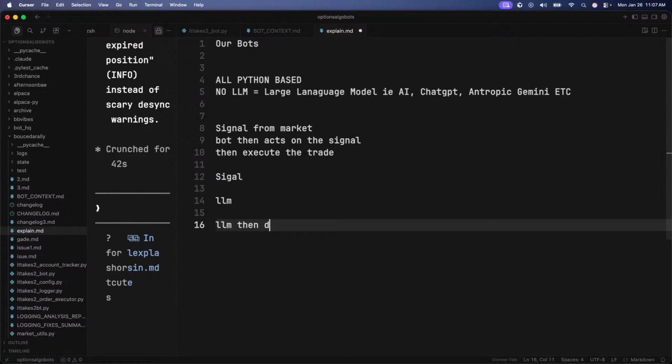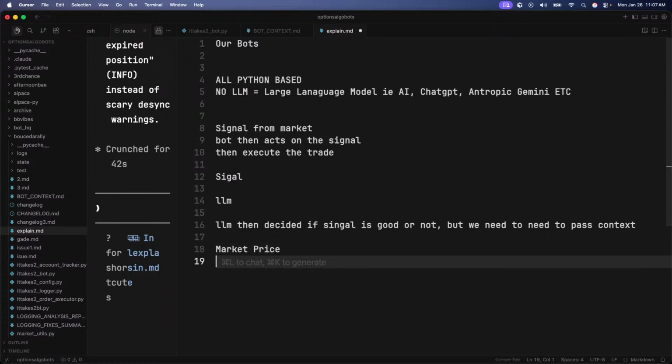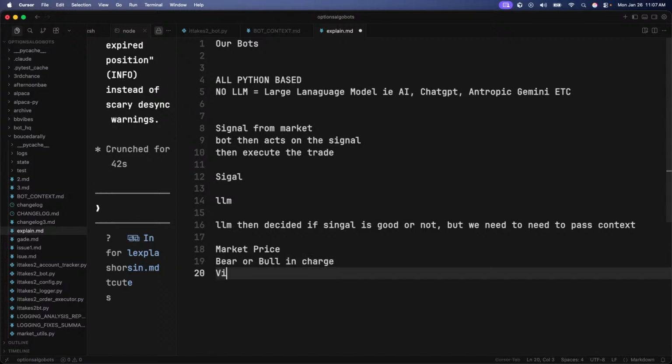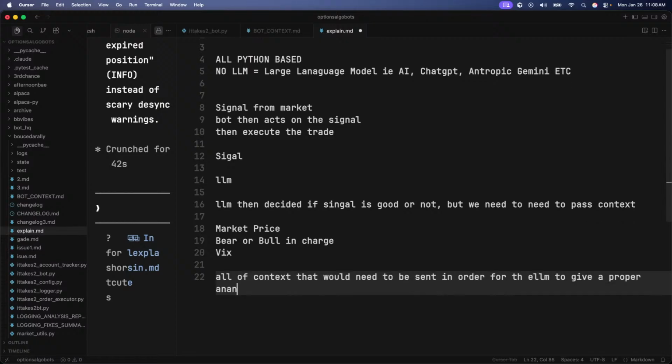The LLM then decides if the signal is good or not, but we would need to pass context, right? That context would be our market price, or are the bears or bulls in charge, right? VIX, right? So there would be a lot of context that would need to be sent in order for the LLM to give us a proper analysis.